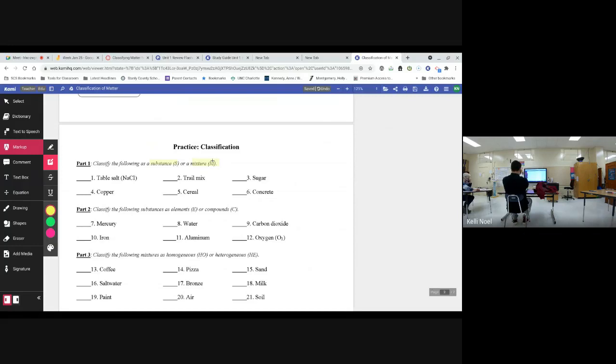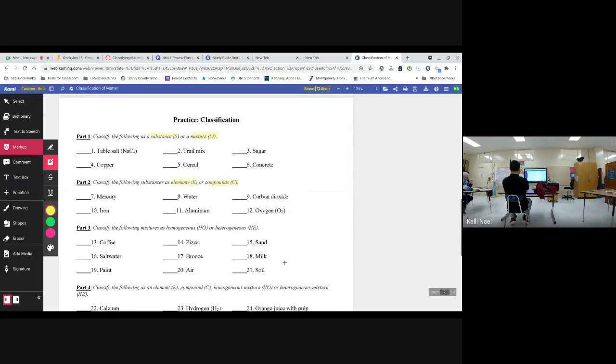If it is a substance, you can't separate it out. It's all one thing. If it is a mixture, it's either going to settle out or you can see individual parts. Part two, is it an element? So can it be found on the periodic table? It's an E. If it's two or more elements combined together, it's going to be a compound.